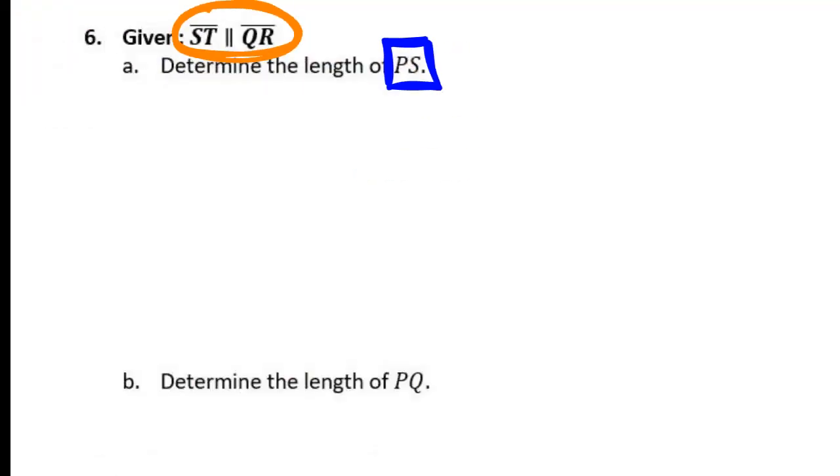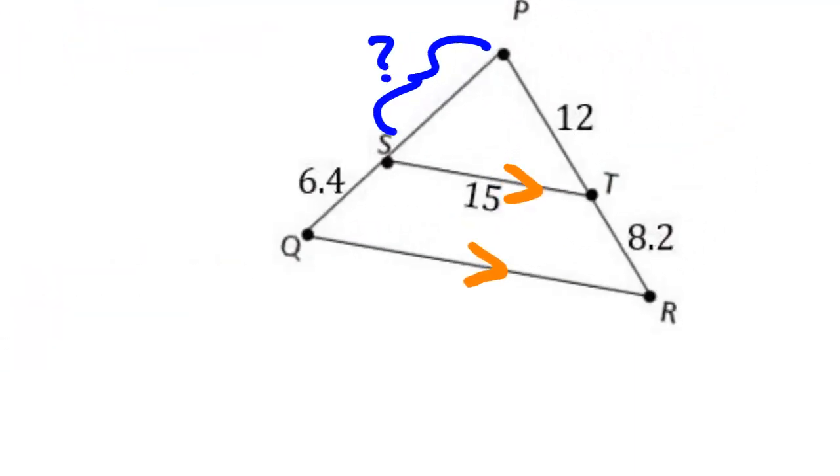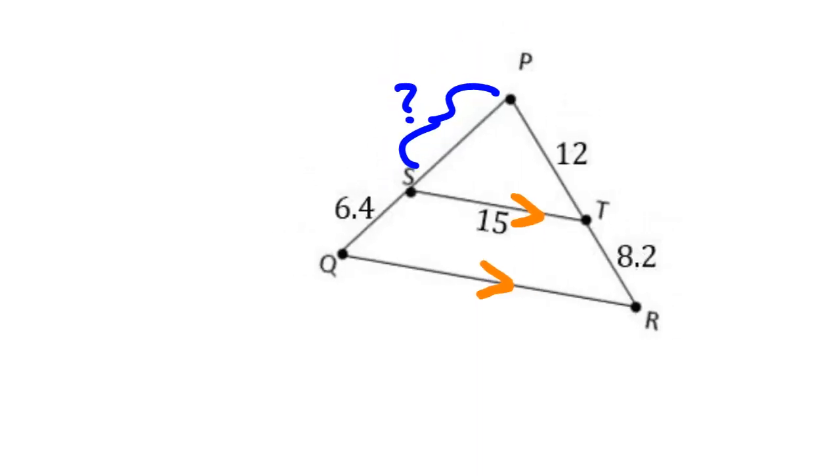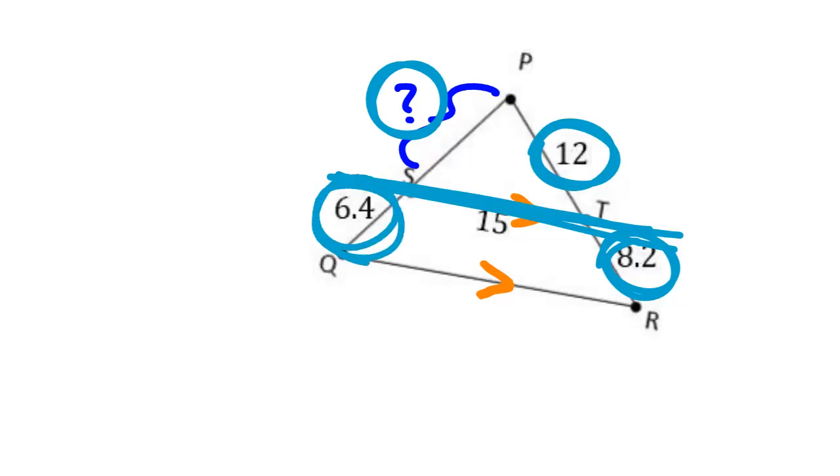Can I set this up where I just do the divided sides and make fractions out of them? Yeah, I can on this one. Because my parallel line can come out like this, and I have this number and this number. I'm looking for this piece, but I have this one.